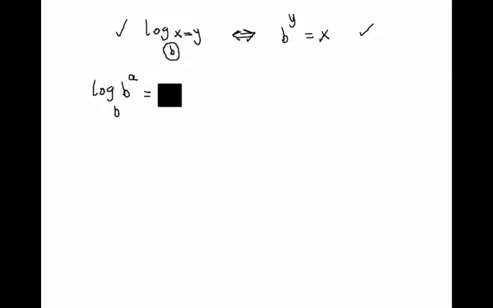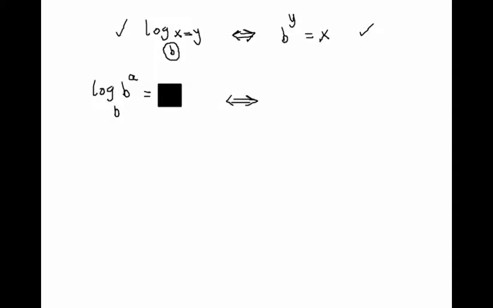So in this case, we want to figure out what is log of b to the power of a when the base is also the same as b. So if the base of the logarithm turns out to be the same as this number here, we want to know what this number would be. If I convert this to the exponential, that should be pretty simple. Let's take a look.